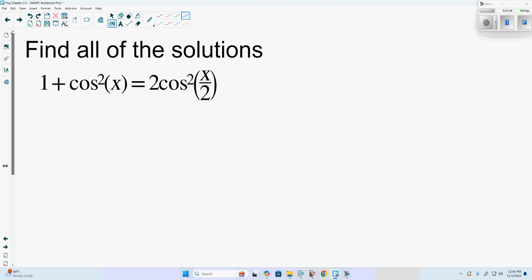Find all solutions for 1 plus cosine squared of x is equal to 2 cosine squared of x over 2. Now we have a few issues with this here, mainly the power and the half angle.